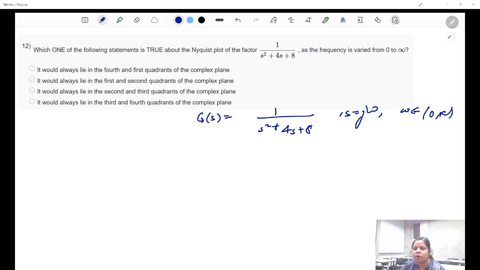So what we'll do, we'll substitute j omega everywhere. So G of j omega, because we want to separate it into real and imaginary parts so that we can see in which quadrant it is going to lie. G of j omega is 1 upon (j omega) square plus 4 j omega plus 8, right?